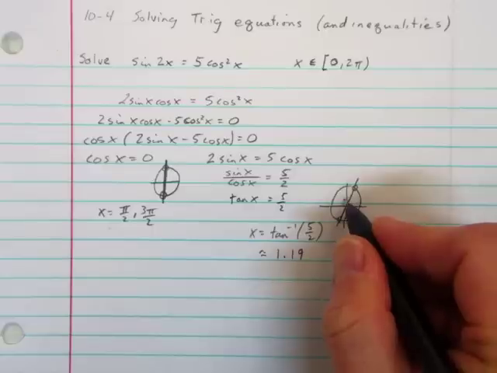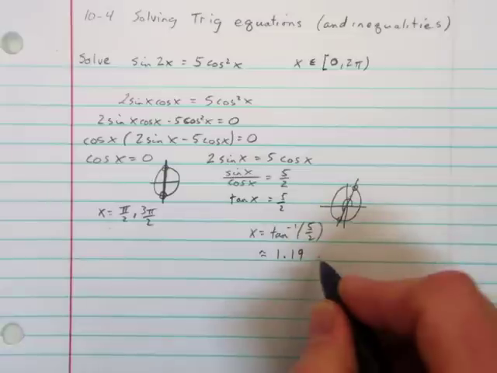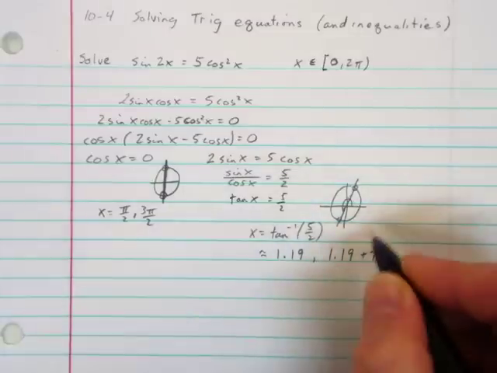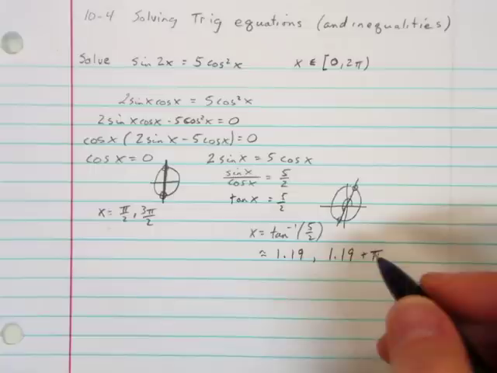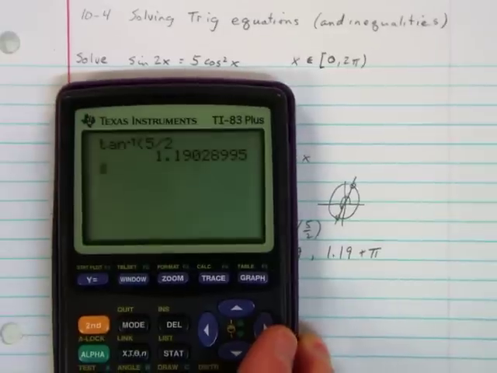Now how do we get this other angle starting from the x-axis all the way down? Well, remember the period of tangent is pi, so we just need to add pi to it. Let me show this on the calculator.